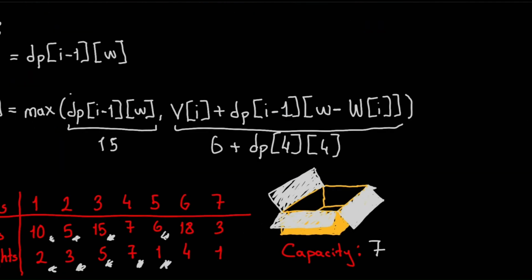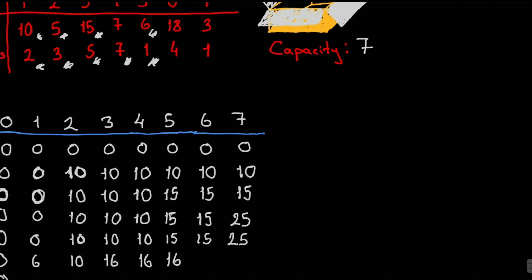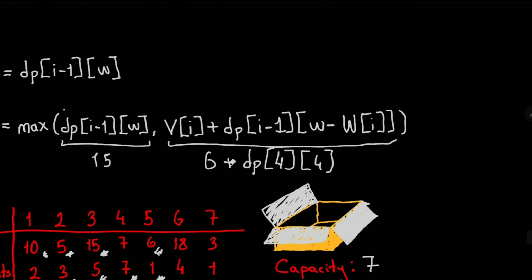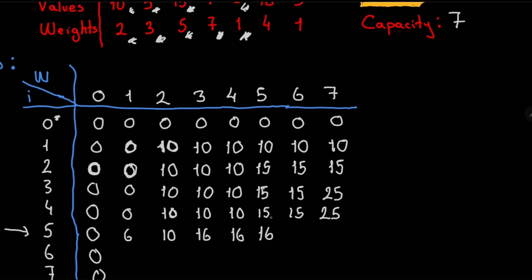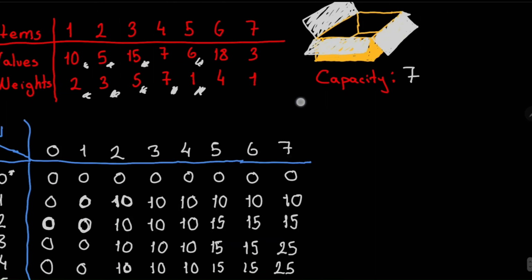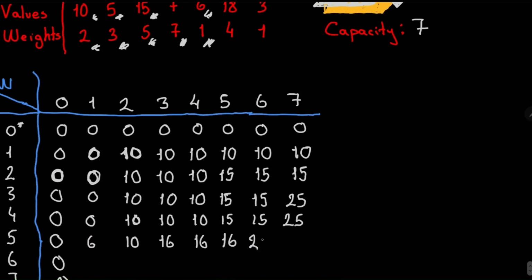As you can guess, we will take it again for the capacity of 6. But to be sure, we will look. 6 minus 1, which is 5. Let's see. dp[4] of 5. Yes, 15. So 15 plus 6, which is giving 21, which is greater than 15, so we are taking it.